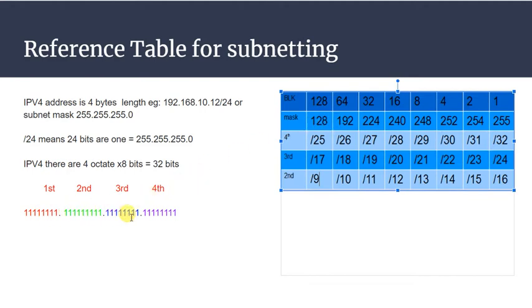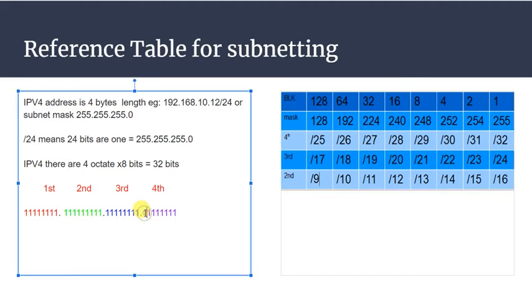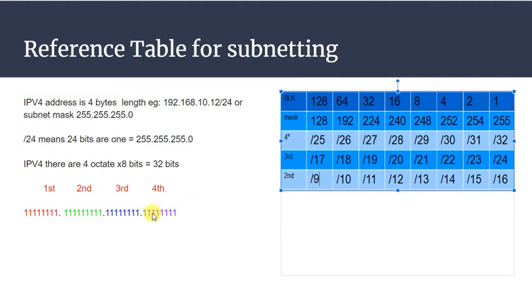If you take an 8-bit octet and have the first bit, that is 128. If you have 2 bits for the network on the 4th octet, the subnet mask will be 255.255.255.192.